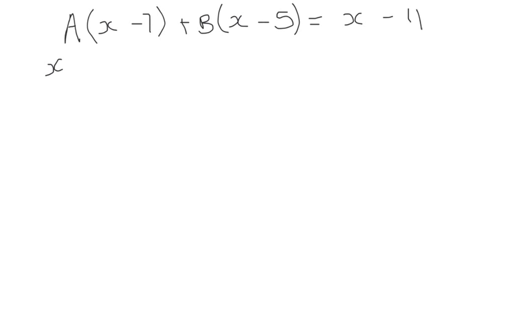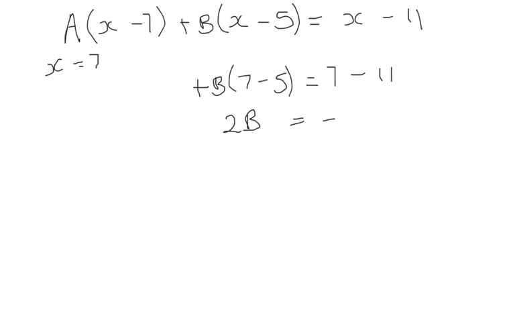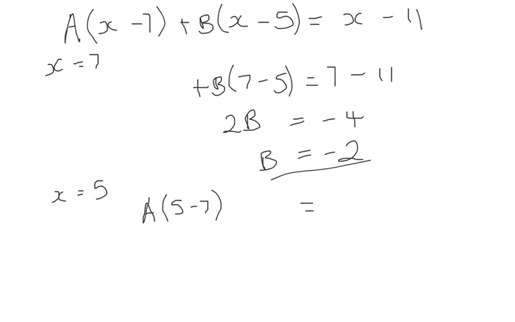Choosing values for x. X can be 7, so that means the first bracket is 0. B times (7 − 5) equals 7 − 11. 2b equals negative 4 and b equals negative 2. Now choose x equals 5. A times (5 − 7) plus 0 equals 5 − 11. Negative 2a is equal to negative 6, so a is 3.